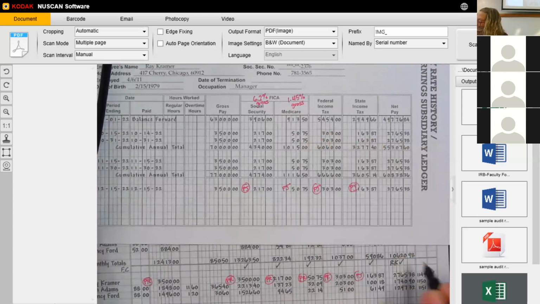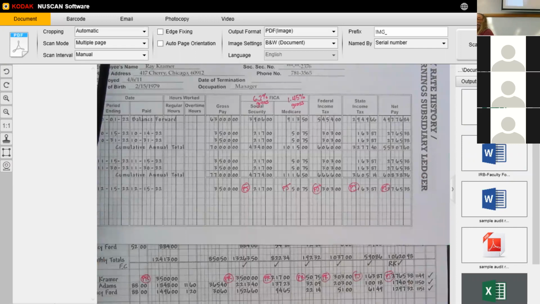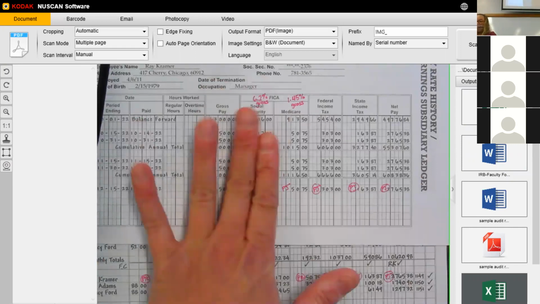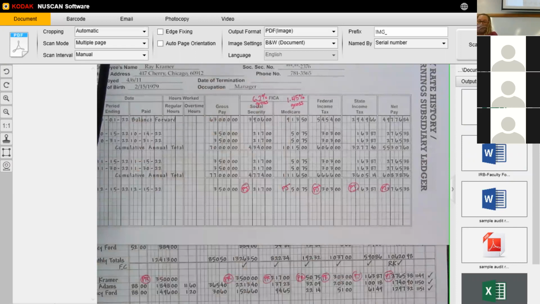So then he gets whatever's left over, which in this case is 2765.38. And here we see 2765.38. So now we can see how the employee earnings subsidiary ledger flows into the payroll ledger.